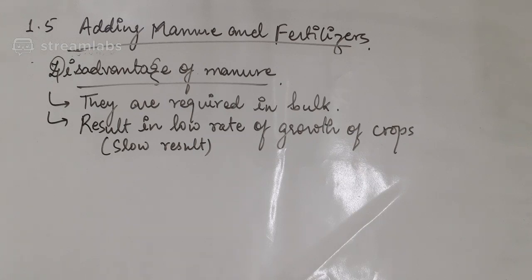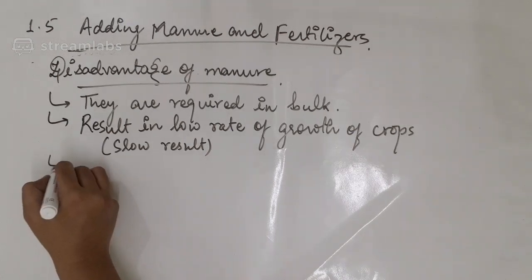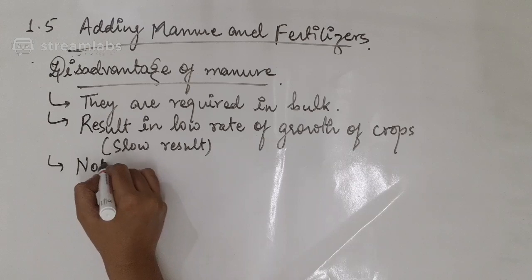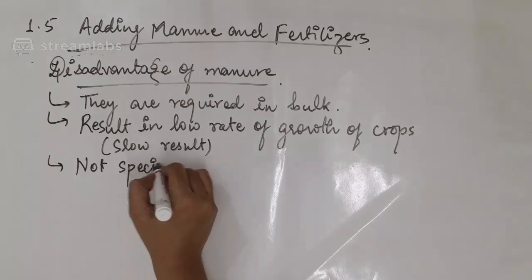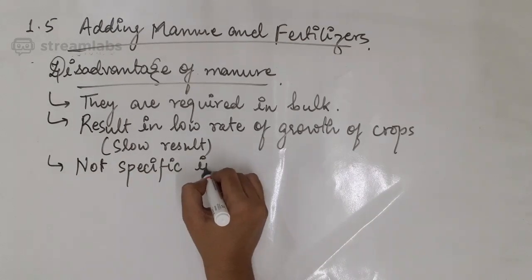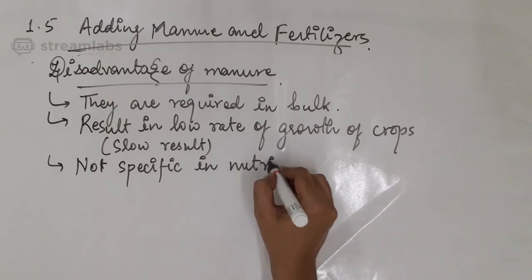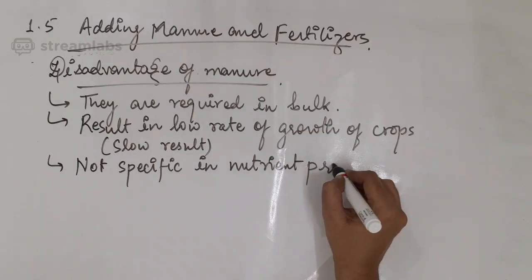On comparing the manures and the fertilizers, manure requires a lot of quantity in the field, and they are not specific in nutrient properties.